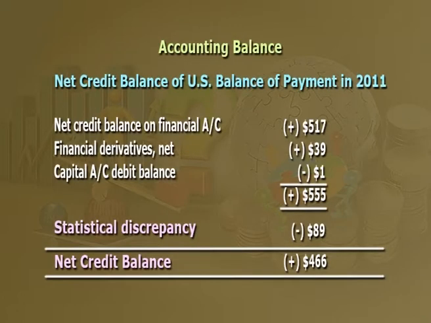When we add the net credit balance of positive $39 billion of financial derivatives and the net capital account debit balance of negative $1 billion, it gives the net credit financial account balance of positive $555 billion. When we add the statistical discrepancy of negative $89 billion, it gives the net credit balance of positive $466 billion on financial account and statistical discrepancy for the US in 2011.